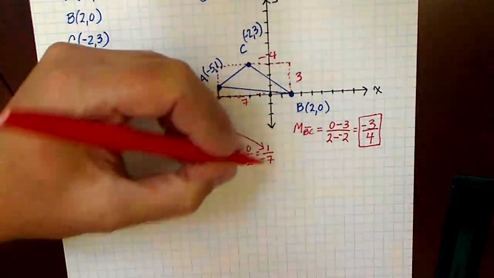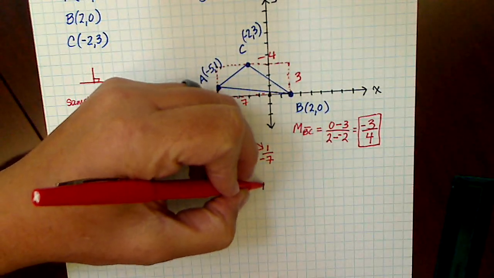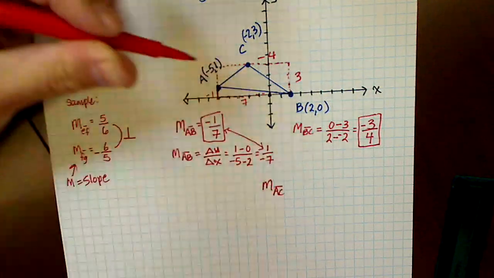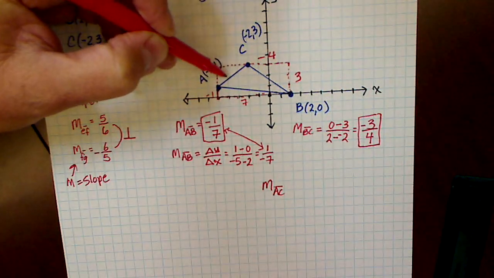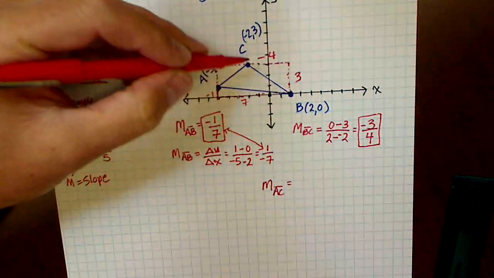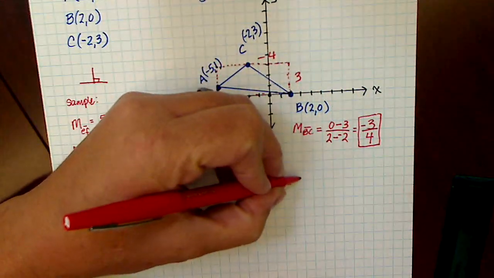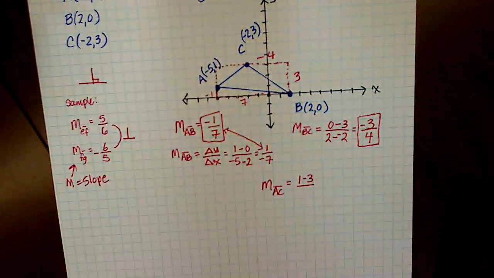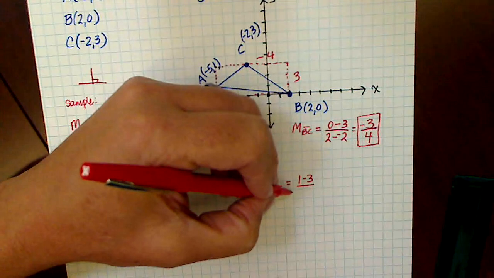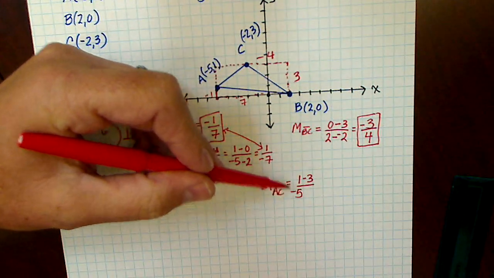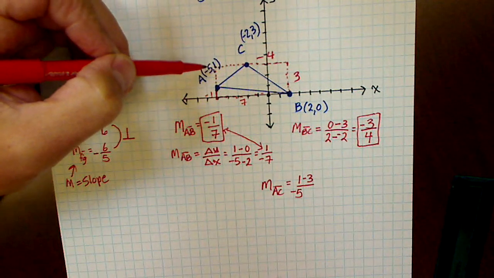The final piece of the puzzle is to find the slope from A to C. That's this line right here. The slope would be the change in y values, 1 minus 3, over a change in x values, -5. And I use the -5 first because I used the 1 for the y value first.